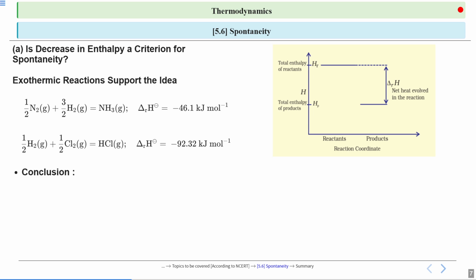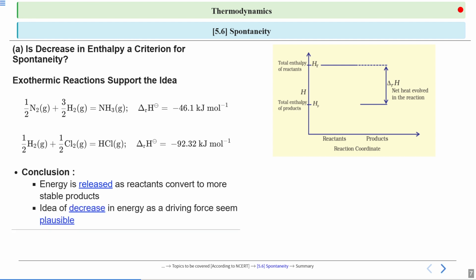Now, what we can conclude from here is that in both of these processes, energy is released because your reactants, nitrogen and hydrogen in the first case, and hydrogen and chlorine in the second case, are going to a stable product, which is ammonia and hydrochloric acid respectively.